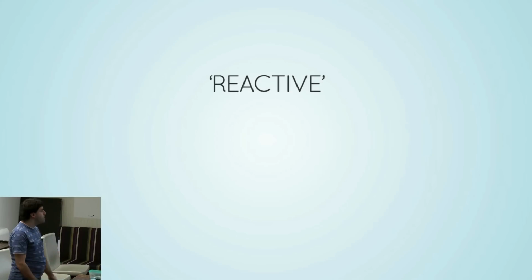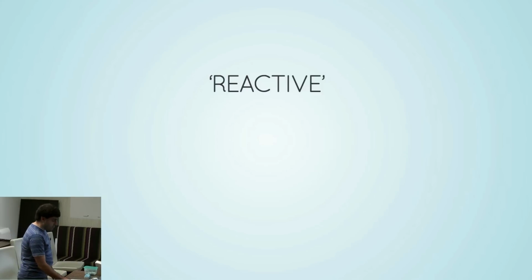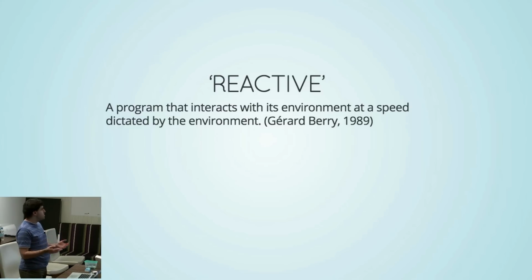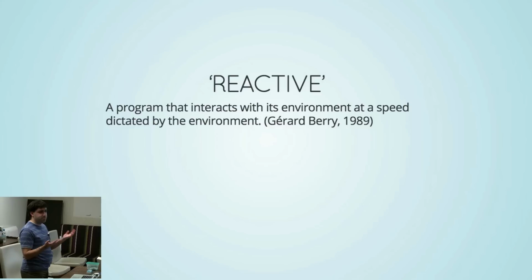Reactive is a bit of a bastard child as a term, because nowadays it's more like a buzzword. But the term reactive was first introduced in the mid-80s, and reactive programming simply meant programs that were embedded in some environment and that their speed was determined by the environment.